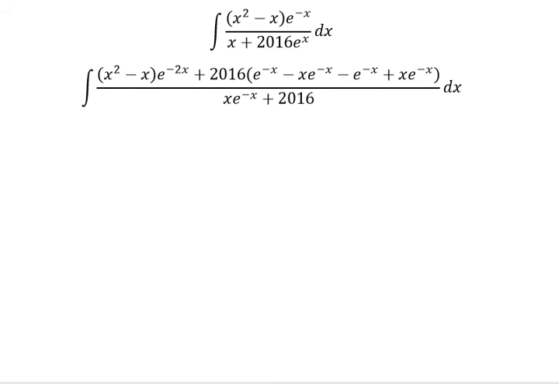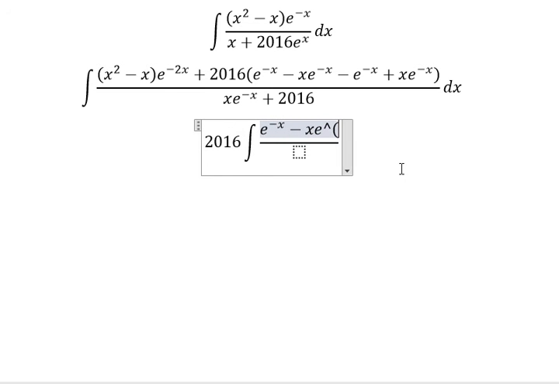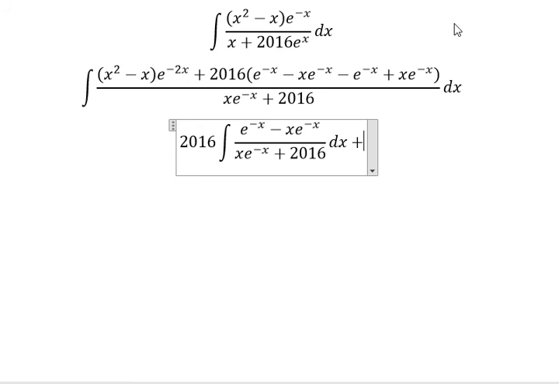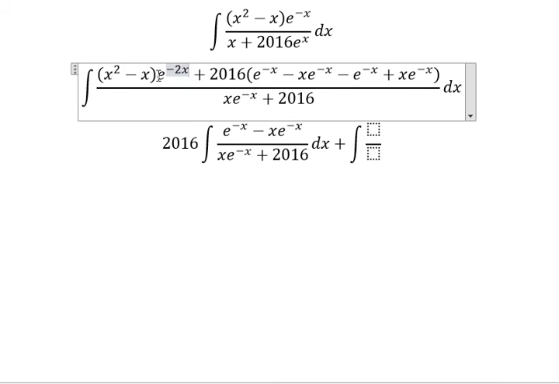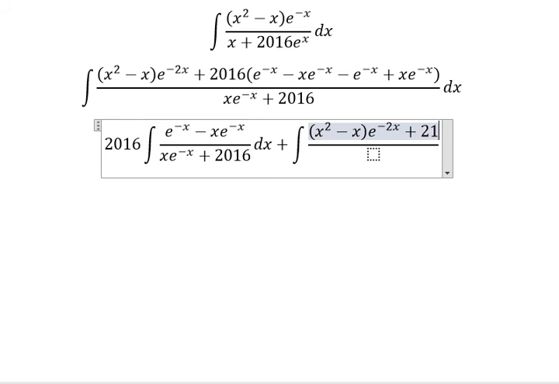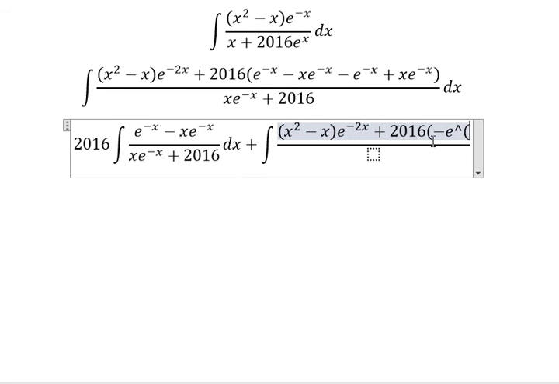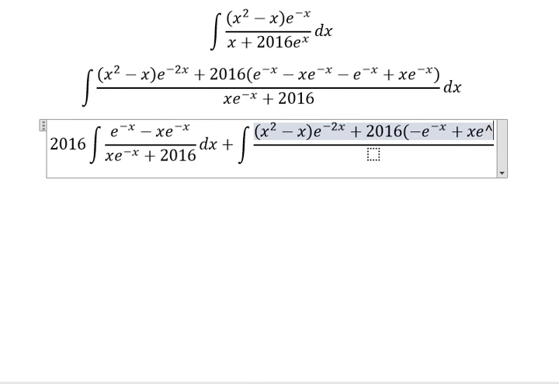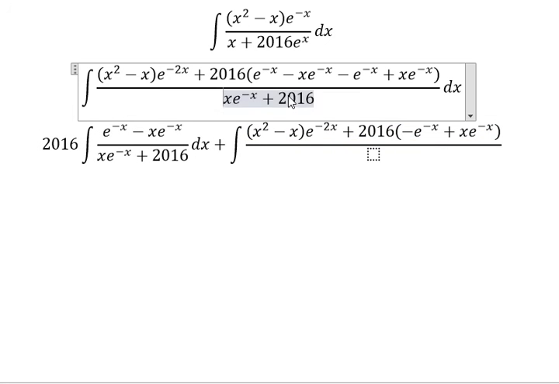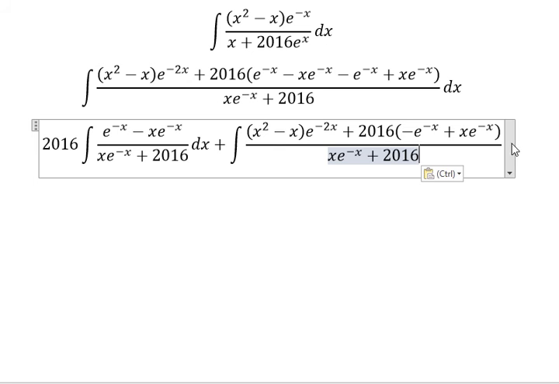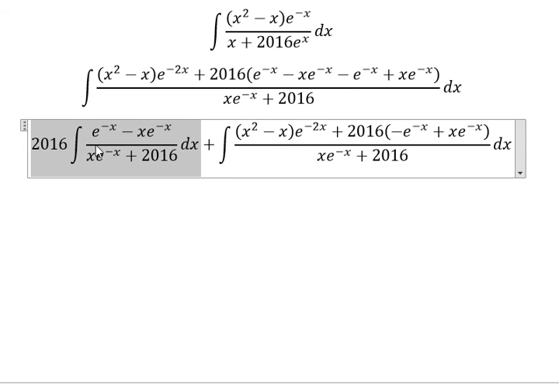The first one, the second one. So I go to the first integral in here.